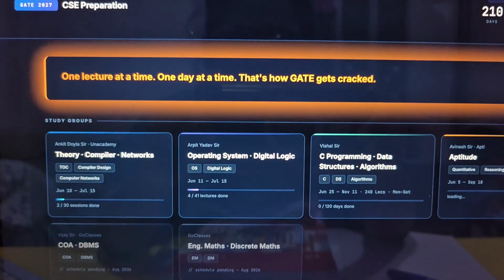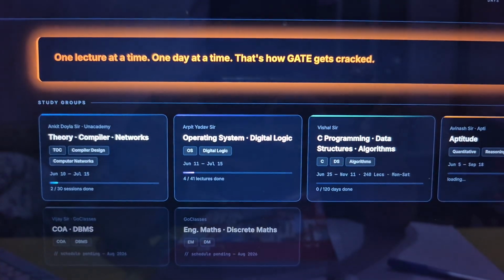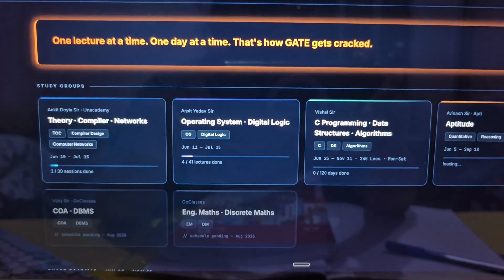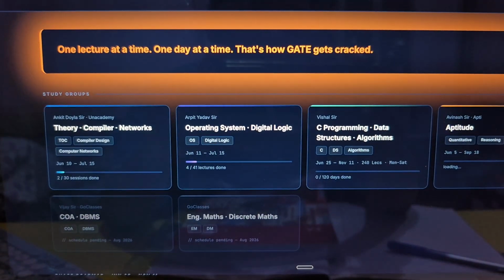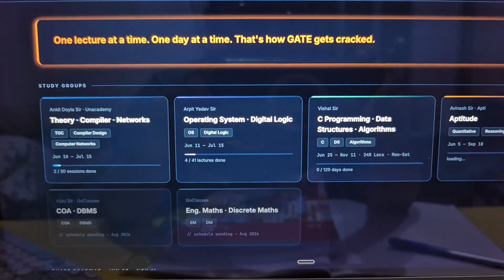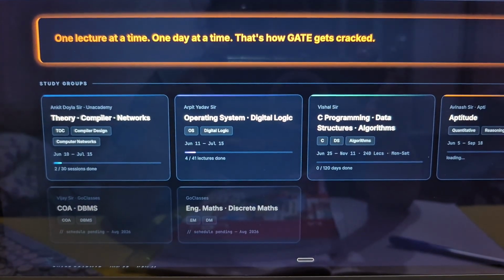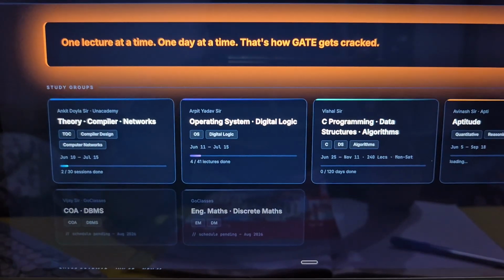I'll wake up early again. So that was the day. The highlight and challenge: there was nothing as such, because CD is taught by Ankit sir and it's very good.